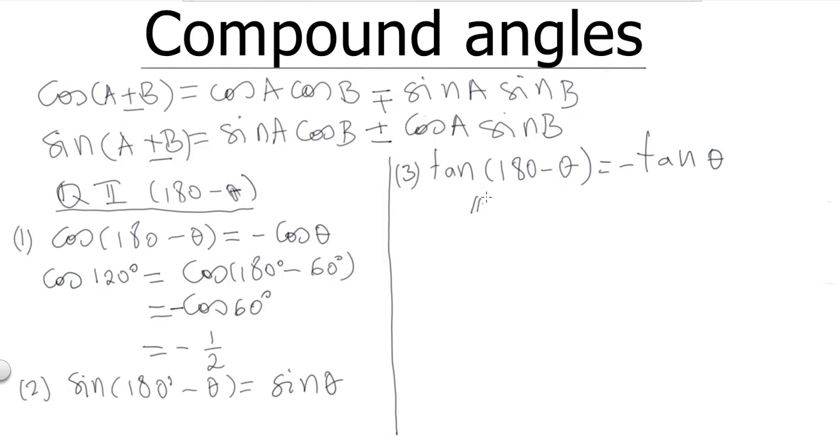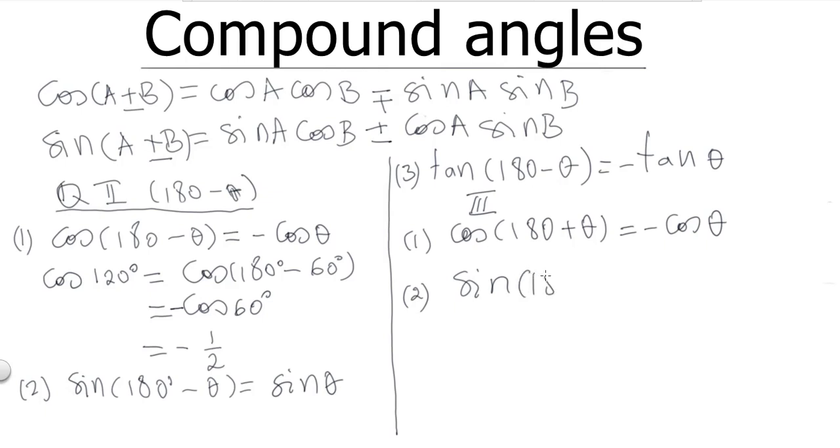Now, in the third quadrant you will have cos of 180 plus theta, which will give you minus cos theta. Number 2, if you have sin of 180 plus theta, the answer will be minus sin theta.